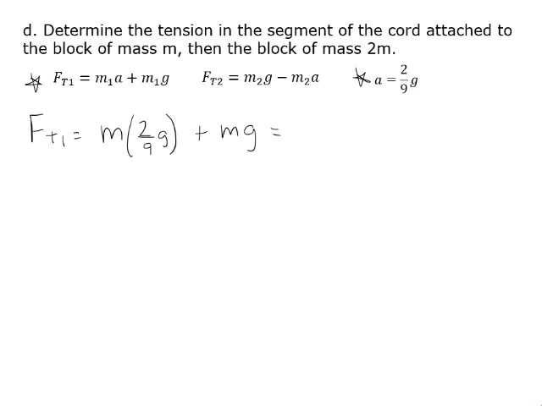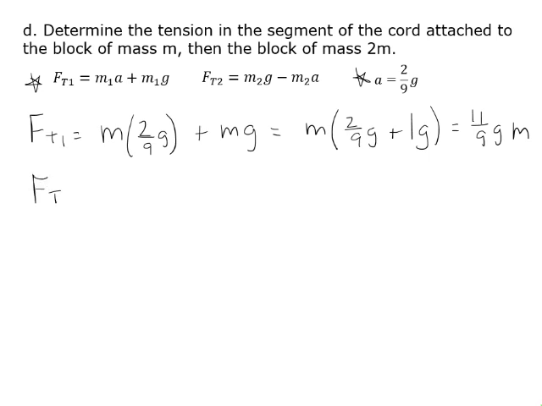If I pull those all together, I end up with mass times 2/9 gravity plus 1 gravity, which gives me 9/9 plus 2, so 11/9 gravity times the mass.